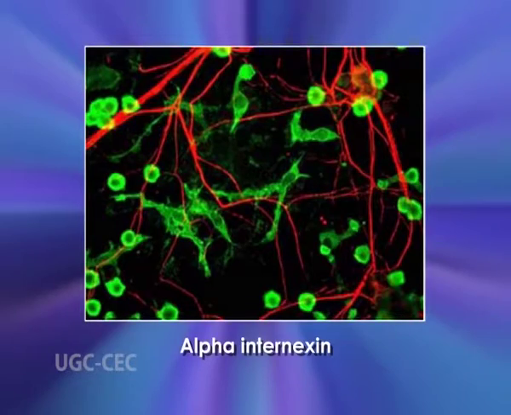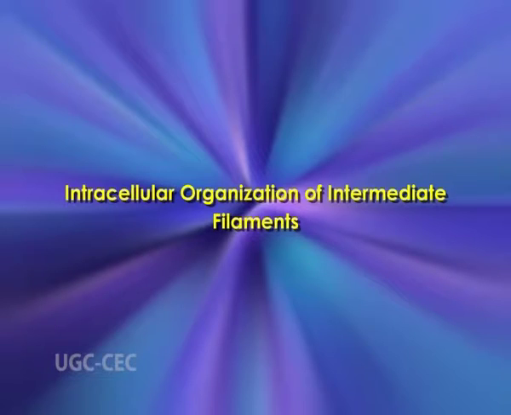The third type proteins do not, however, form copolymers with the keratins. Among the type 4 proteins, internexin can assemble into filaments by itself, whereas the three neurofilament proteins copolymerize to form heteropolymers.